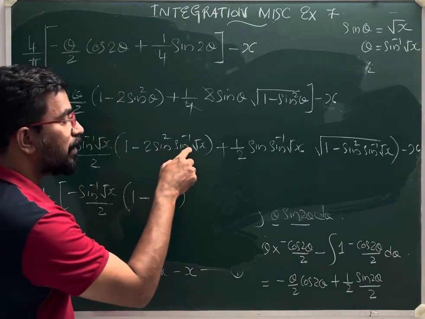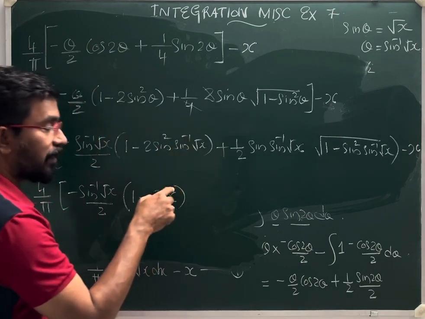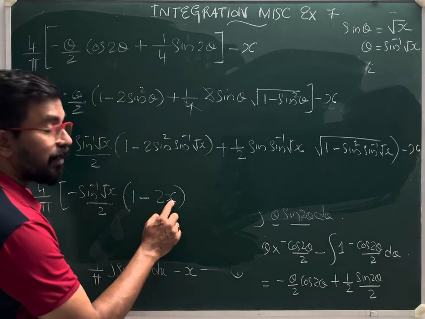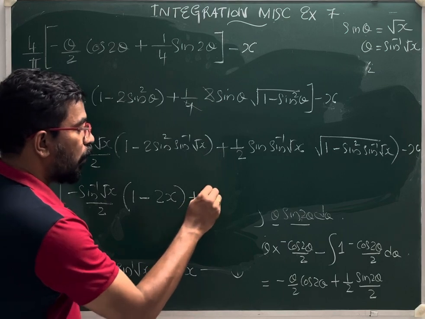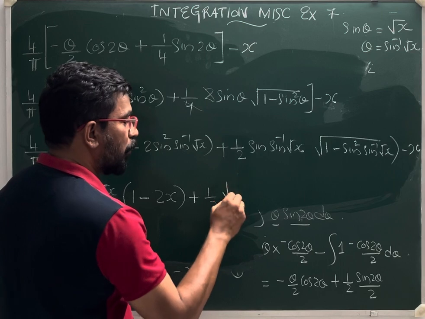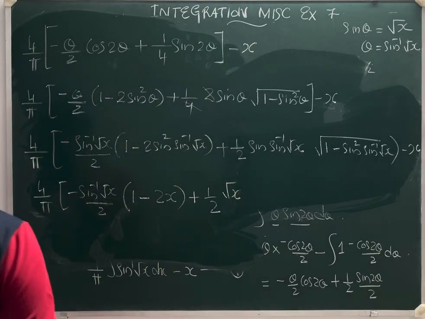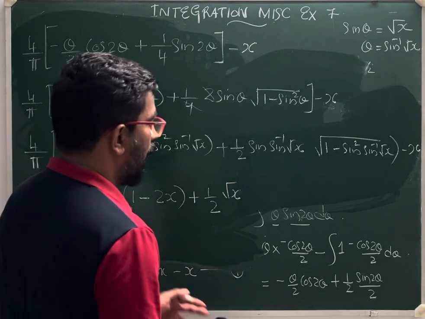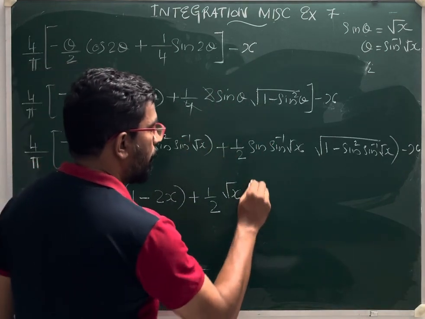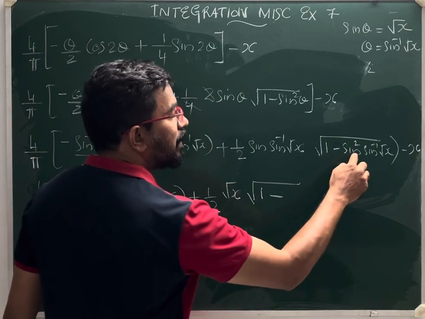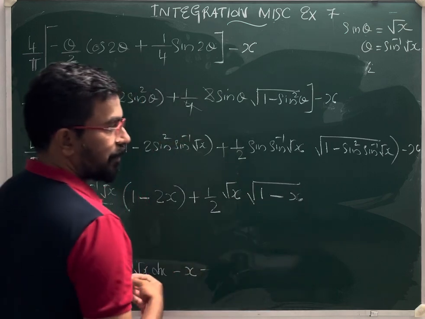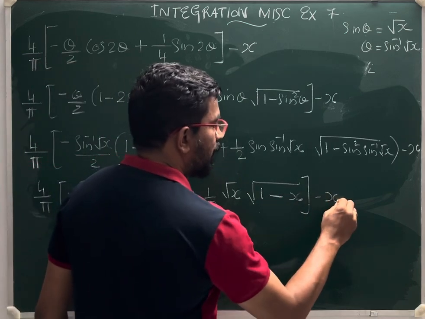Plus 1/2, here sin⁻¹, no square, so just √x will come. In the next step you have the same way: √(1 − sin²(sin⁻¹√x)) will become x. So minus x plus c.